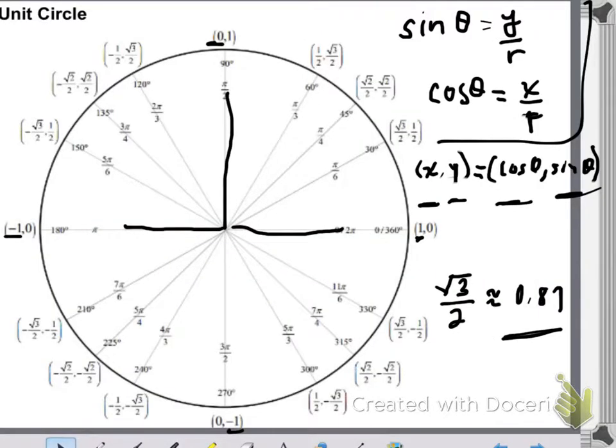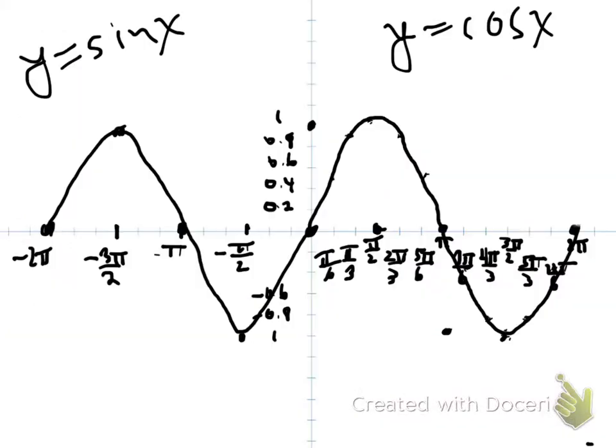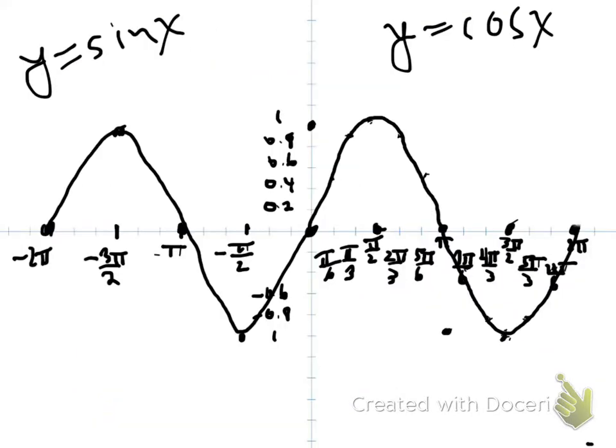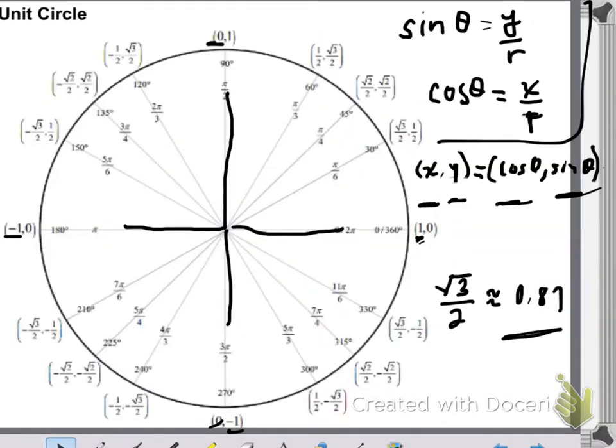Alright, the cosine of 3 pi over 2 is 0. And then the cosine of 2 pi is going to be back at 1. So you want to connect these. Alright. And then the negative angles, so negative pi over 2.